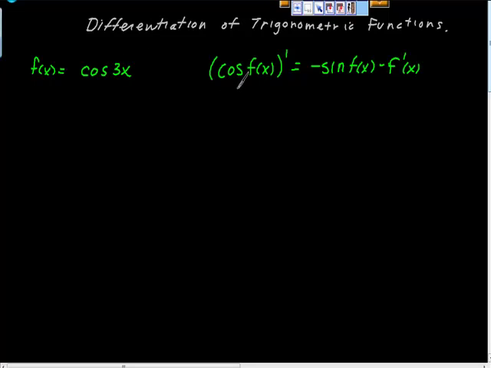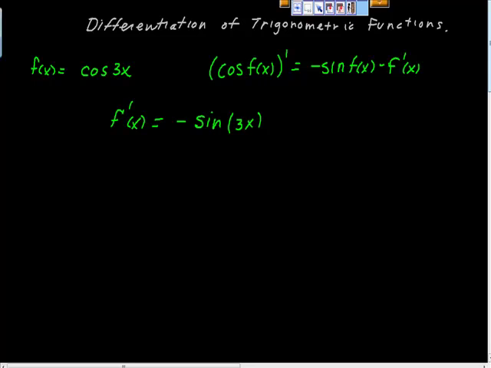Also, keep in mind that I entrusted to you that you would memorize these derivatives. So the first derivative of cosine of f of x is actually equal to opposite sine of f of x times f prime of x. Looks like the chain rule, doesn't it? So if we do this by pieces, we get the opposite of sine f of x, of course, was 3x.